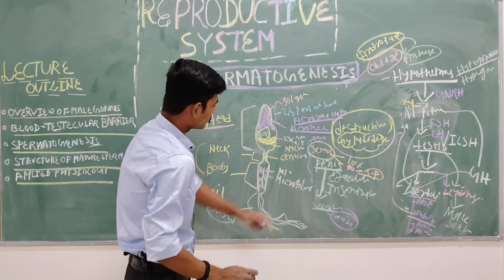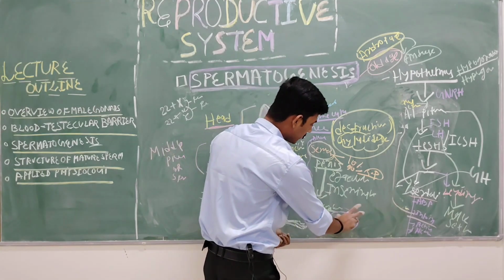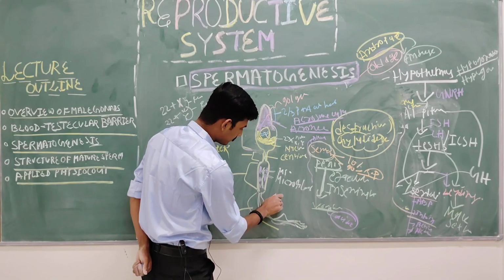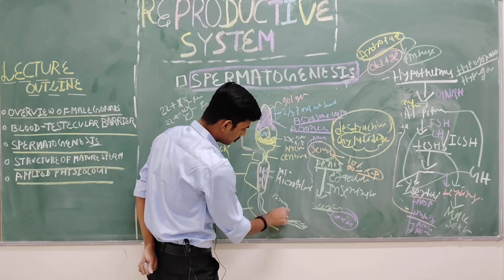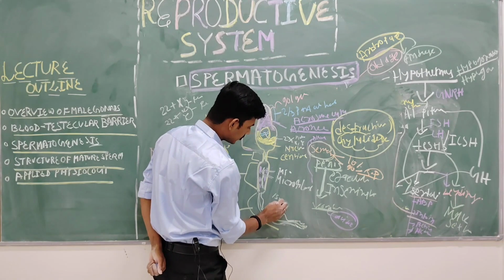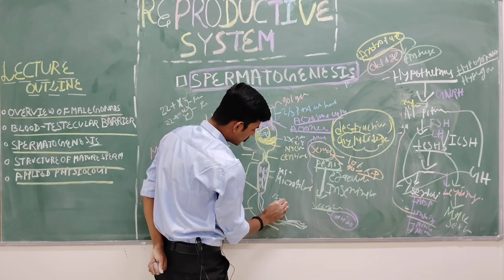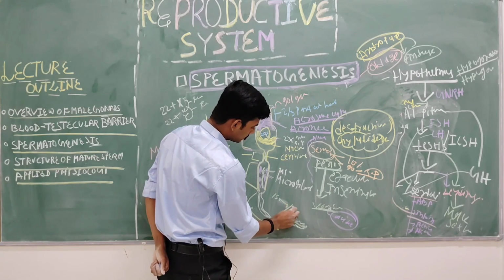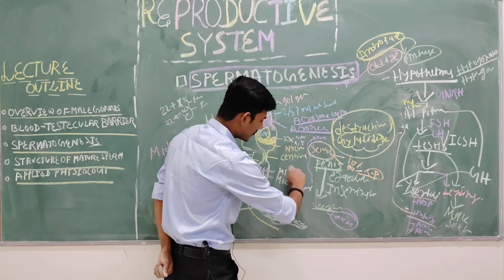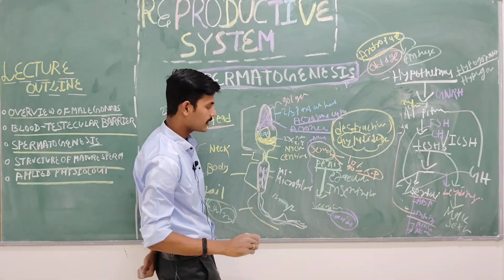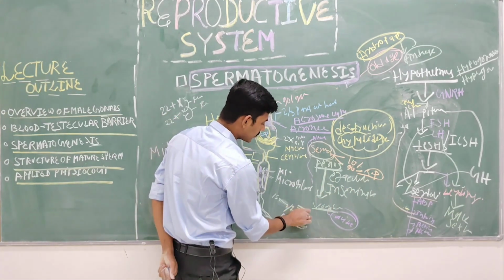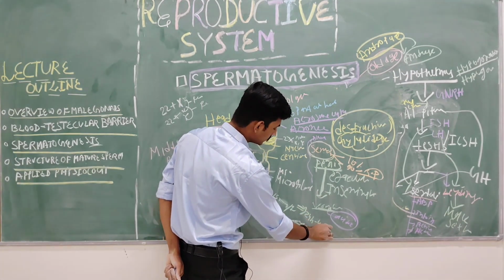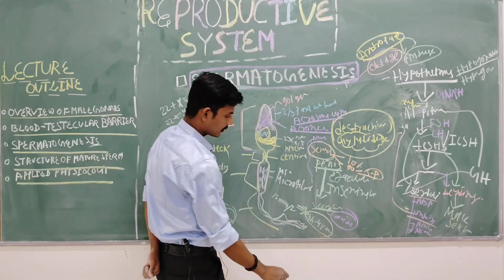So this tail is basically helping the sperm swim in the environment. If we talk about the rate, it's 15 millimeter per minute. Once the sperm is ejaculated, it only survives for 24 to 48 hours, or I think it's only 24 hours, correct me if I'm wrong.